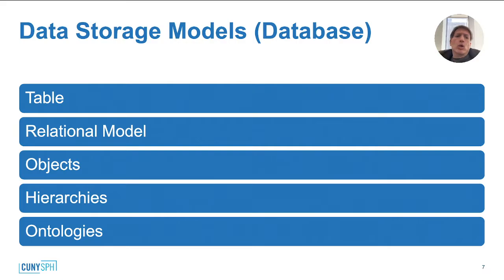We can store data as an object. And an object is just that representation of a type of element, and it has a series of attributes, and it can relate with other objects, and they have something that we call methods, and how they relate one thing to another.